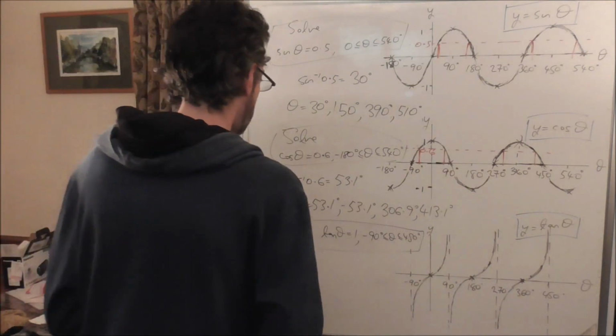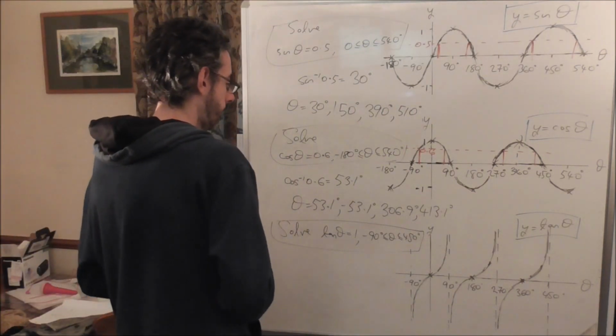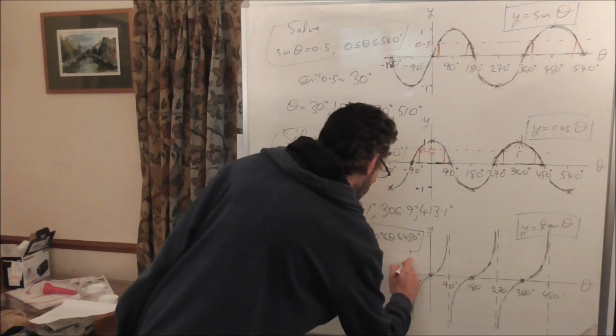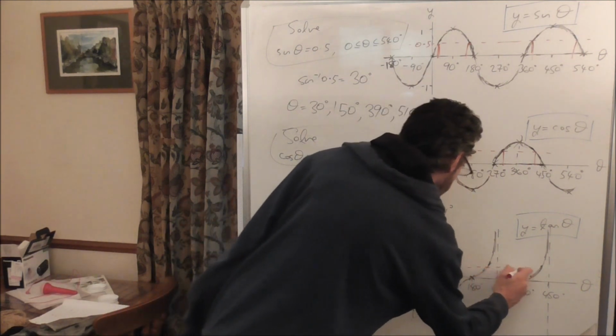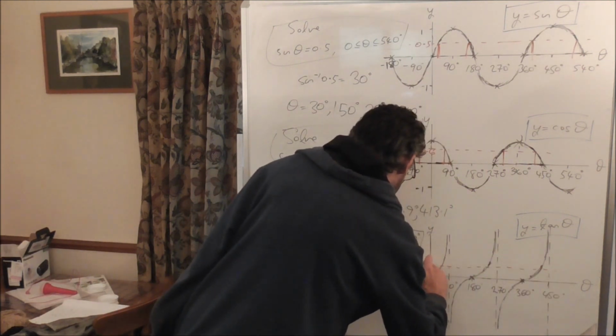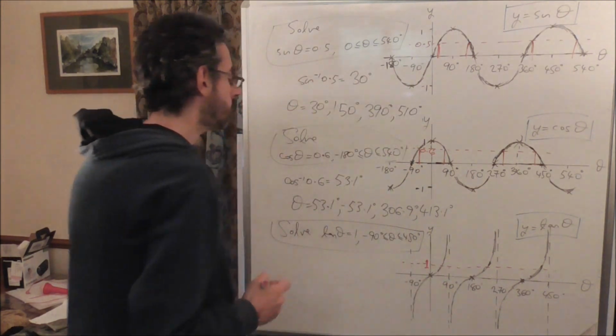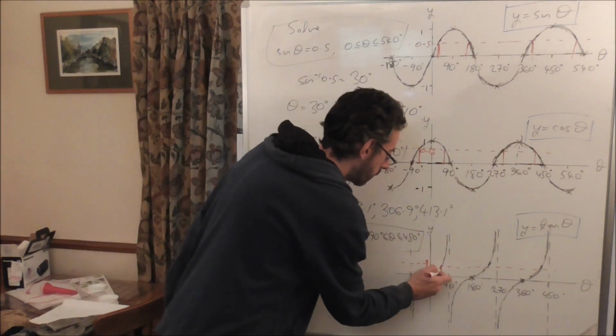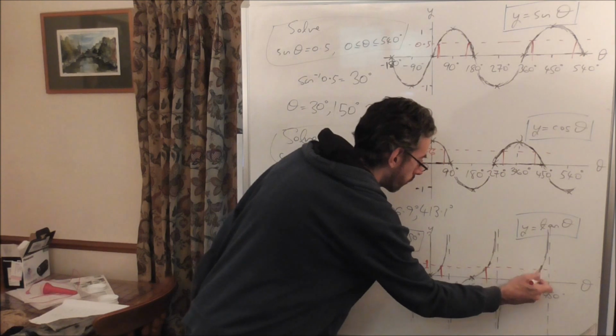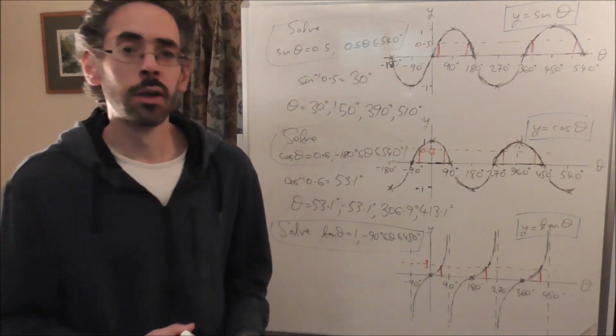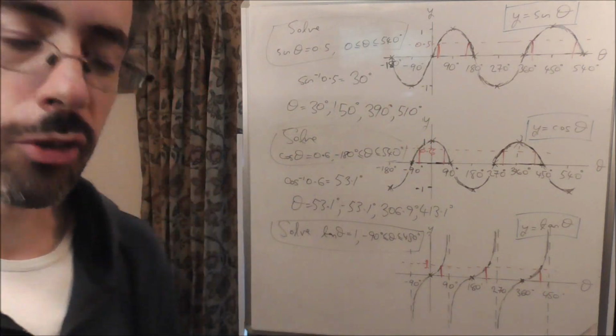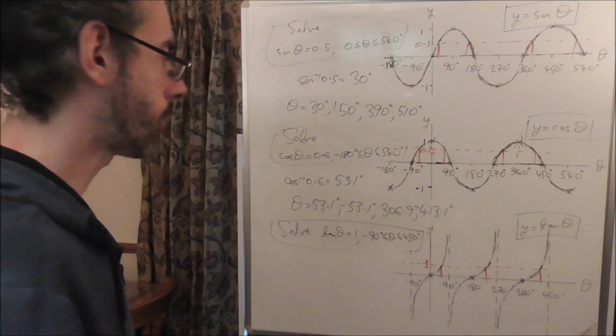Again, you can get an idea roughly of where the solutions are going to be. Imagine drawing a dotted line at a height of 1. So there's going to be one solution there, one solution there, and one solution there. Again, to get our first solution, you need to press inverse tan.